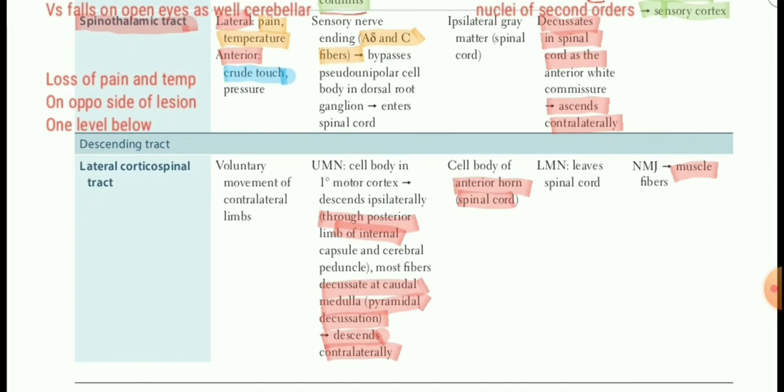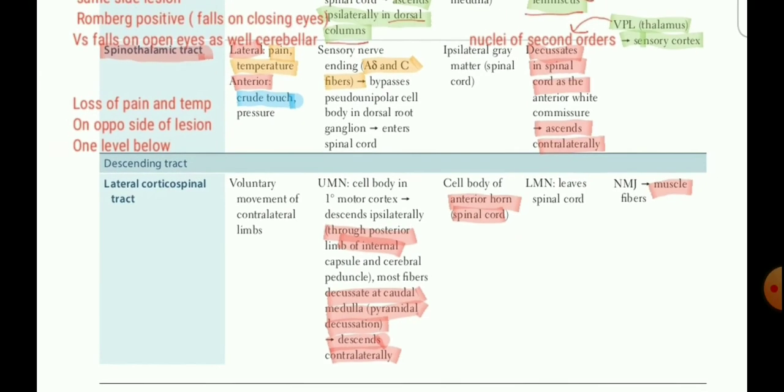And they decussate at the caudal medulla, which forms the pyramidal decussation. That's why lateral corticospinal or anterior corticospinal tracts are generally called pyramidal tracts, and other tracts related to motor function are called extrapyramidal tracts, and they descend contralaterally. So any lesion in the brain will lead to motor loss on the opposite side of the body.